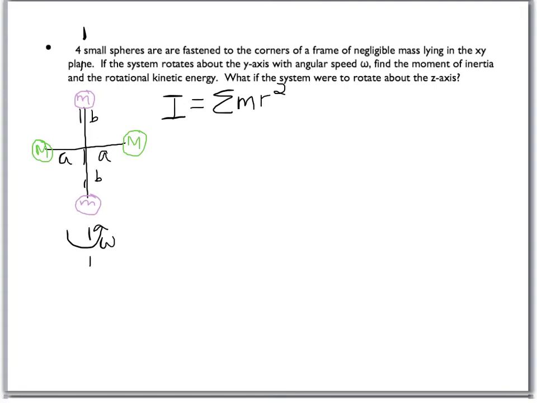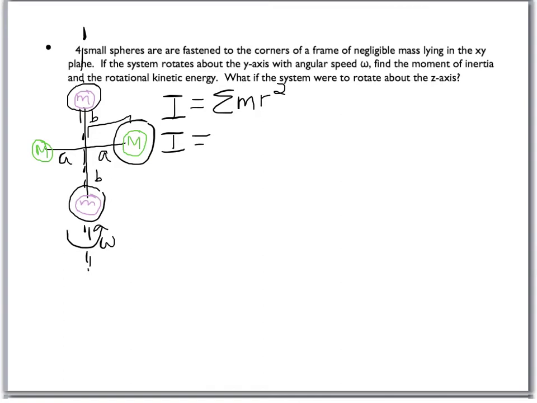Now what we need to realize here is that these lowercase m's, these masses, are right on the axis of rotation. So if we looked at the r distance away from the axis of rotation, it would be a 0, and those masses will not add into our summation in any way. Instead, it's these capital M masses out here that are some distance away from the y-axis and would sum into our finding of the moment of inertia.